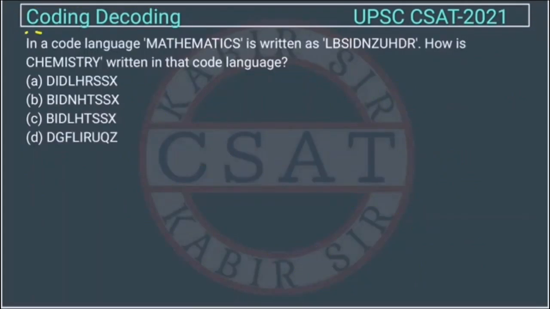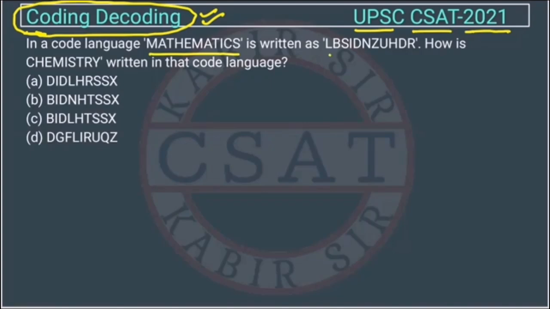This question is from reasoning from coding decoding chapter, right? So this question is asked by UPSC in CSAT exam of 2021. If a code language mathematics is written as this one, how is chemistry written in that code language, right? So in some code language mathematics is written as this one, right?